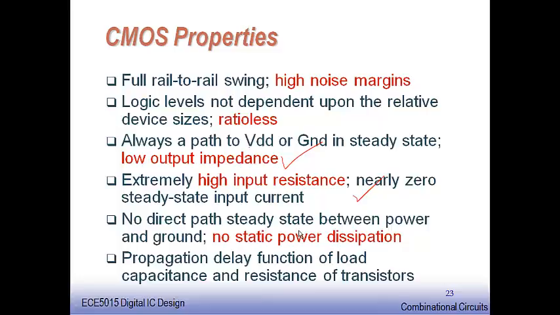And theoretically there is no direct path between VDD and ground unless you consider the switching, as we discussed about the short circuit power dissipation, and no static power dissipation, no leakage current components. And the propagation delay solely depends on the load capacitance and the resistance of the transistors.